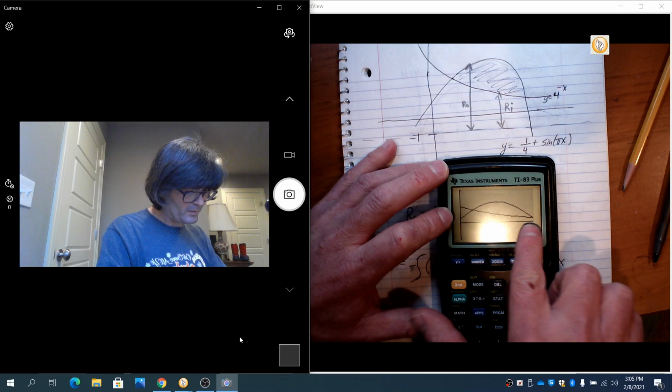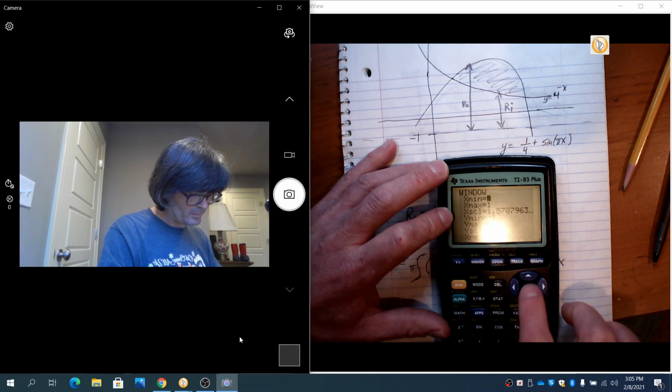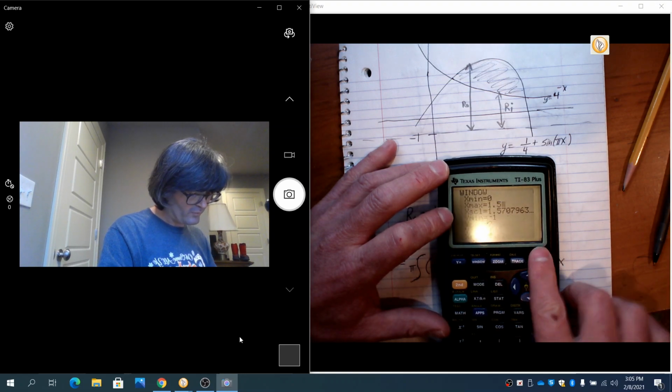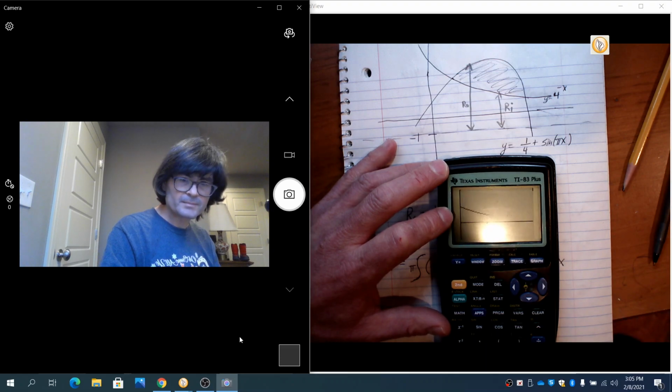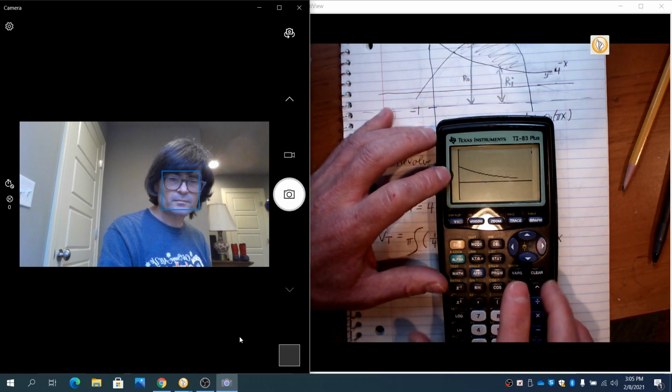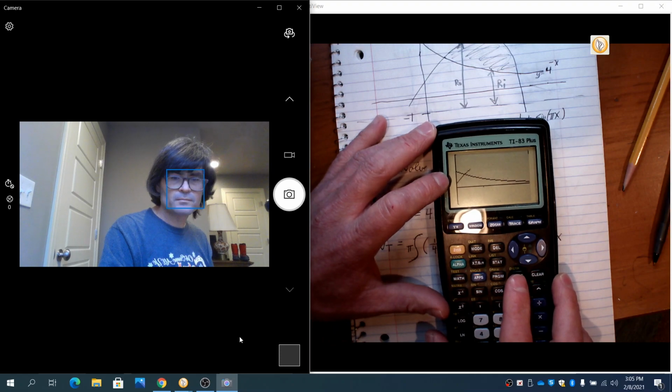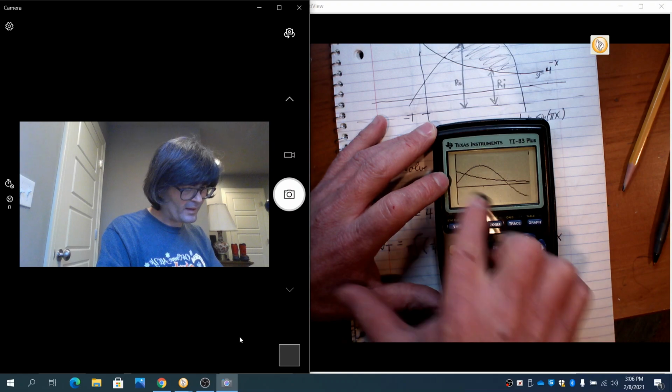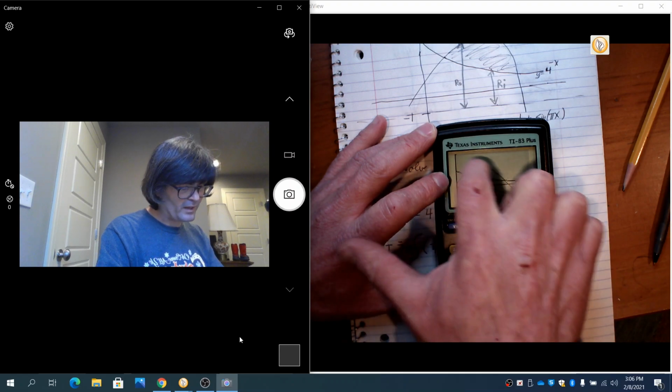Cool, that's just about right. I want this region right here. I might actually just go out a little bit farther, 1.5, just so you can see it really well. Okay, so I want to find that intersection, and that will define my region.